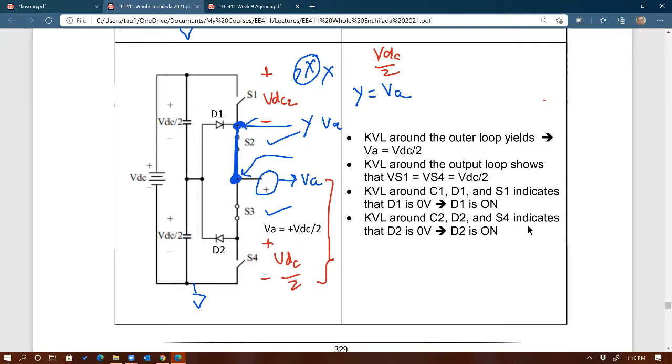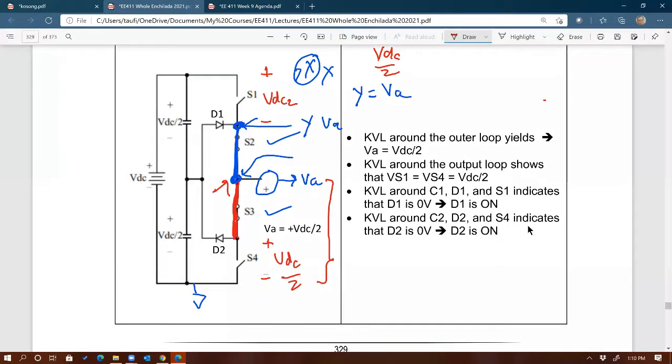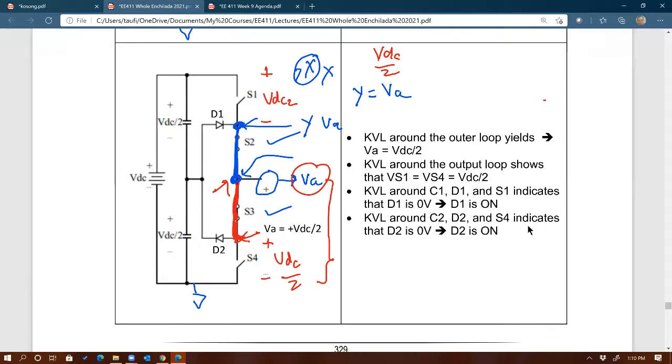Well, this node right here is shorted to this node, so VA to ground is equal to this node voltage to ground, which is VDC over 2. Hopefully that proves to you that if you have 0, 1, 1, 0, then the voltage from VA to ground is equal to plus VDC over 2.